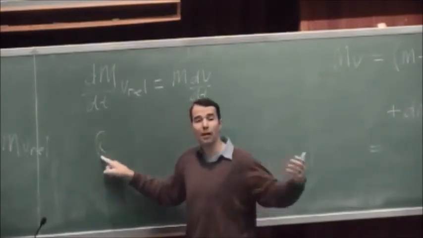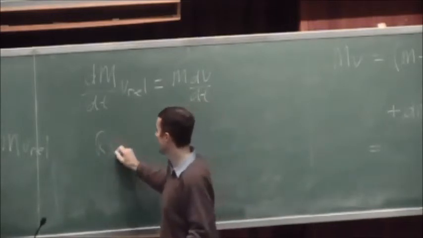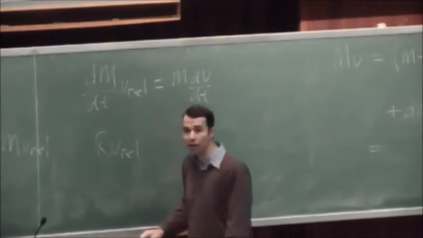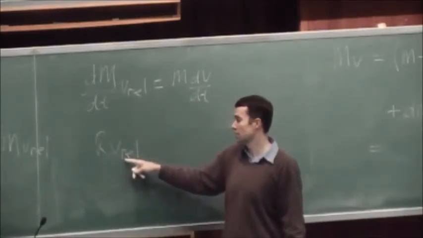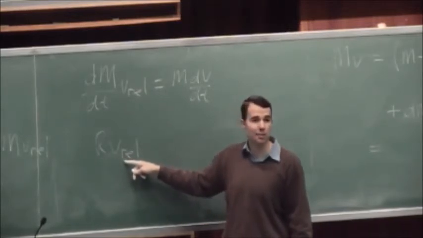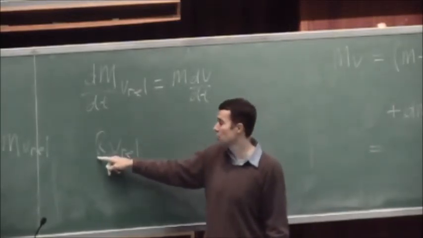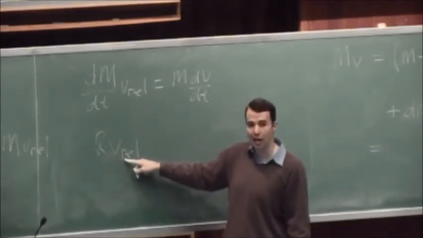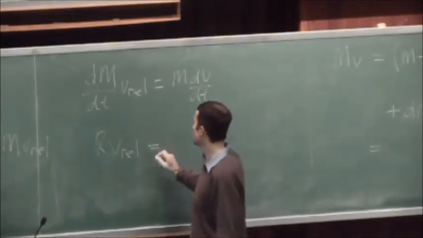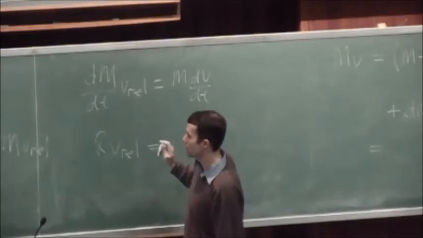The rate at which propellant is expelled times the velocity that it is expelled. So, for example, as I was telling you earlier, it may be 4,000 meters per second. Right? So this is the rate at which it's expelled. This is the velocity which is expelled. And then this is equal to, oh, did I miss a minus sign here?